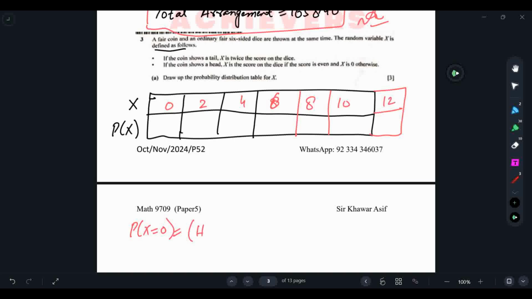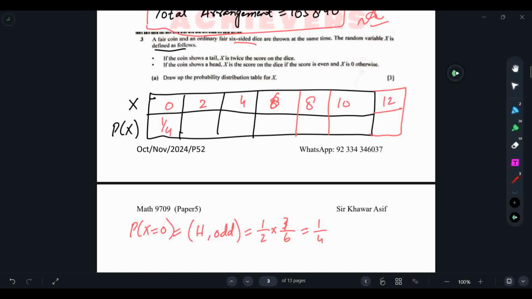Head means we cannot have any tail, so head and odd. So this will be equal to the probability of head, 1 by 2, multiplied by the probability of odd, which is 3 by 6, because it is a 6-sided dice. If we simplify, this will be equal to 1 by 4. We can write it over here, 1 by 4.